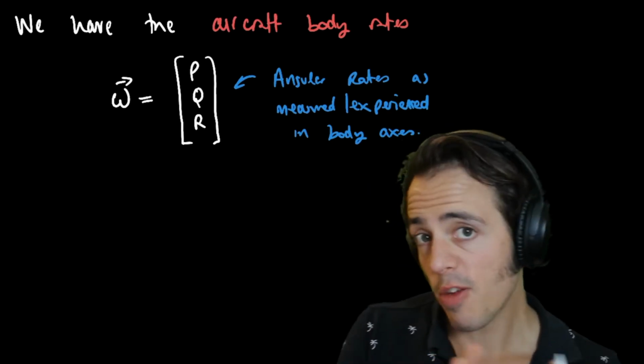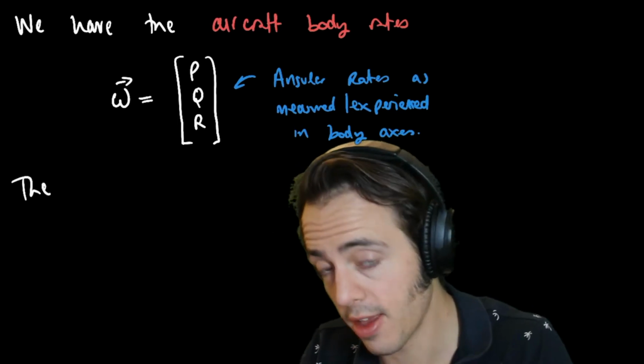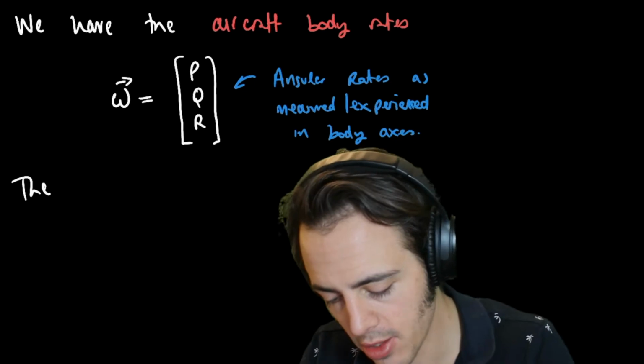To define the aircraft angular position, we use the Euler angles. So this is the aircraft attitude.